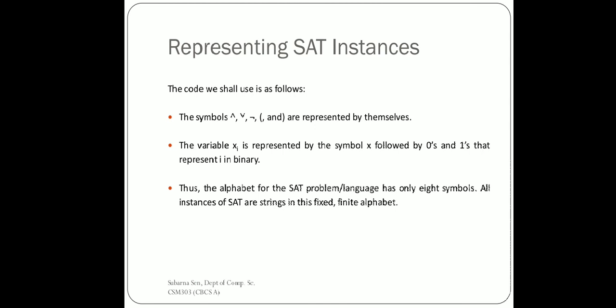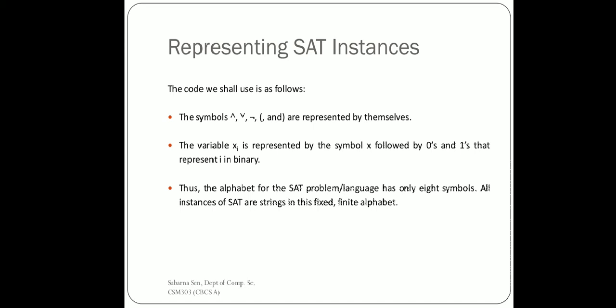Say i equals 2, we convert 2 into binary and write accordingly. Thus the alphabet of the SAT problem has only 8 symbols. All instances of SAT are strings over a fixed and finite alphabet. You can consider what those are: and, or, negation, open parenthesis, closed parenthesis, x, and 0 and 1 for the representation of the suffix.